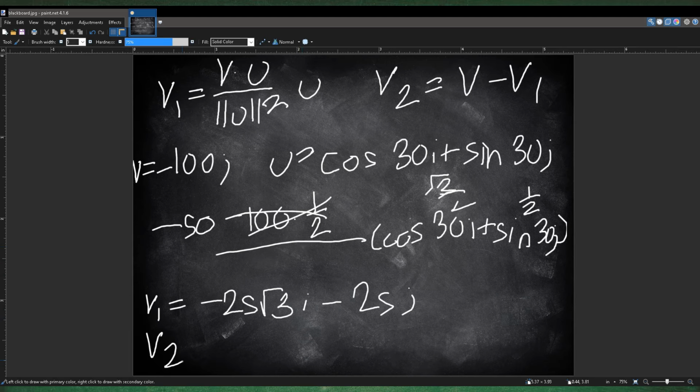And now we have vector 2, which is the original v minus the vector projection, which is negative 100j minus negative 25 square root 3 i. So this is 25 square root 3 i, because negative of a negative is positive, and then negative 100 plus 25 is negative 75j.